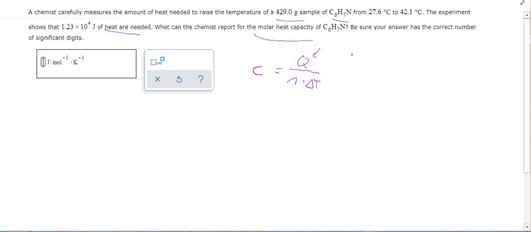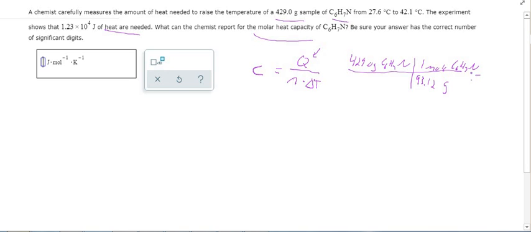So I have 429.0 grams of aniline, C6H7N, and I looked that one up, and there are 93.12 grams of aniline in 1 mole of aniline.